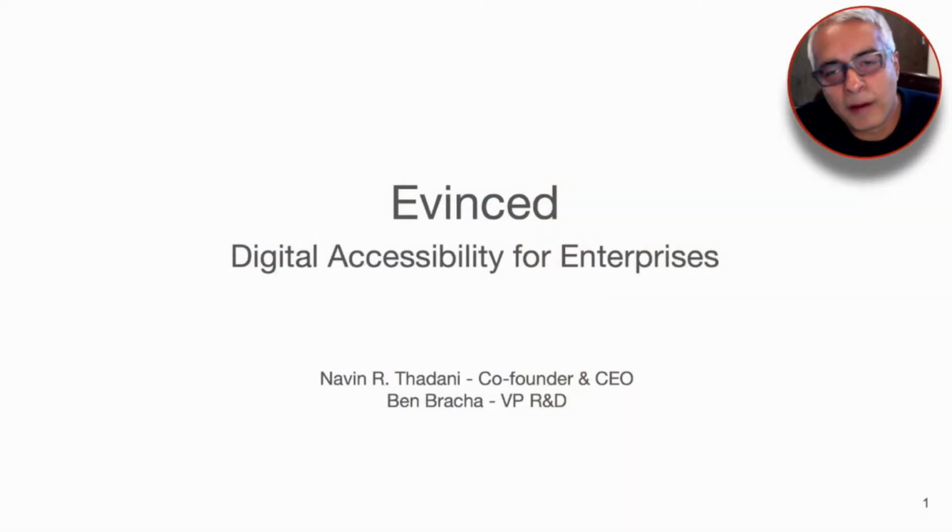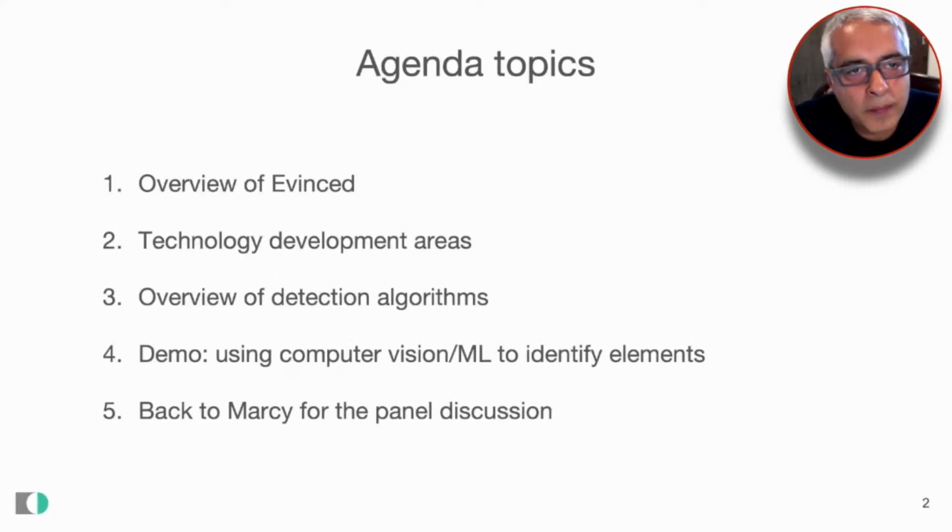Thanks, Marcy, and hi, everybody. Thank you for joining. We're really excited to kick off this Deep Tech series, so I'm going to jump right in. What we're going to talk about today is a little bit of an overview of Evinced, so you have a bit of context in terms of where we're coming from. I'll talk a little bit about our technology development areas and some of the areas that we're focused on in terms of algorithm development in order to advance the state of automated testing in the industry.